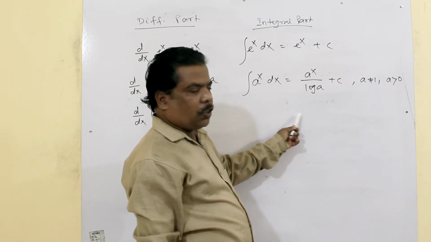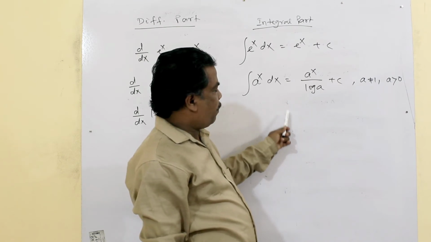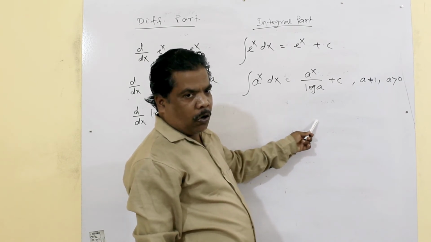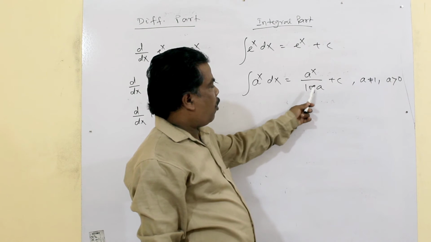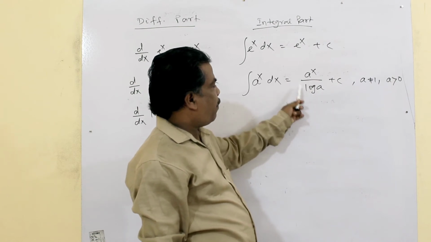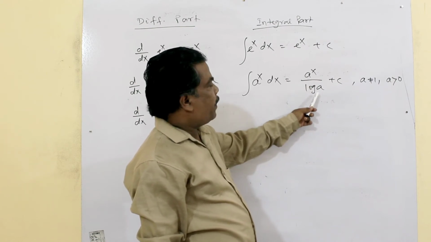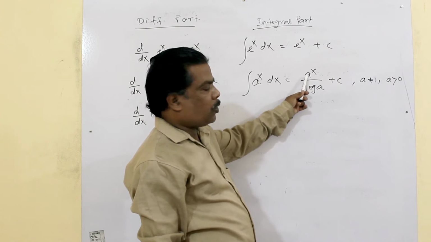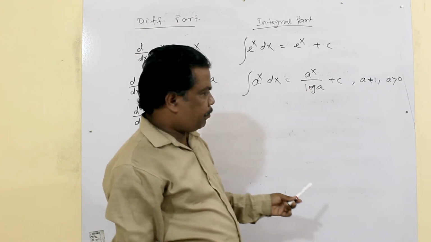As e to the power 0 is equal to 1, log 1 is equal to 0. If log 1 is equal to 0, we cannot find a to the power x by log a. So a is not equal to 1 and a is positive. If a is negative, log a is not defined.